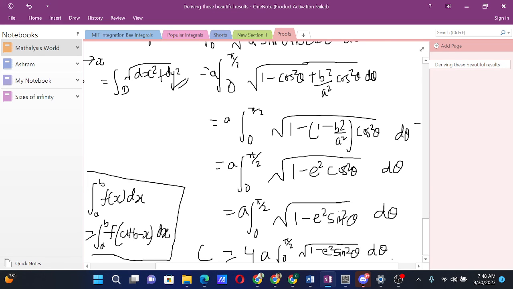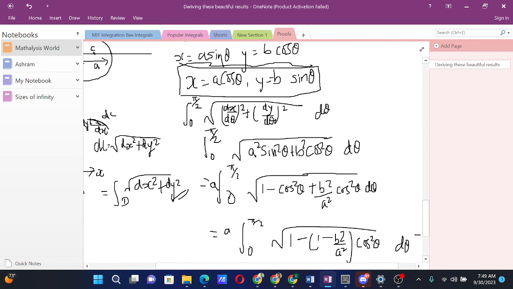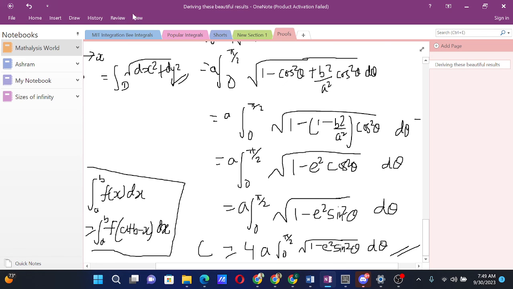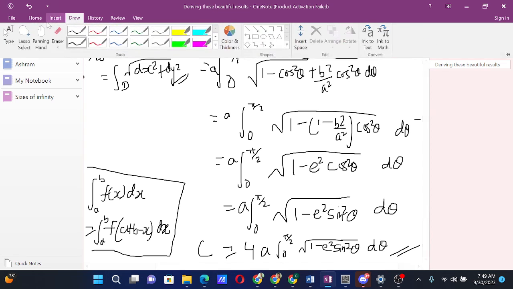So this is how we derive the formula for the circumference of an ellipse. I hope you got it. I had already described that this was e square. We also know these things, and now I don't think there's anything harder that might hamper your understanding.